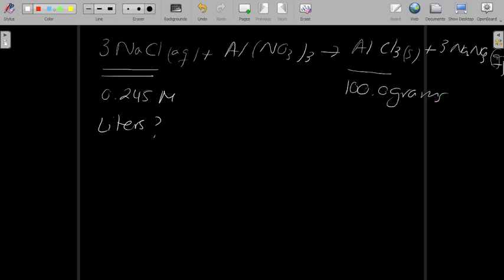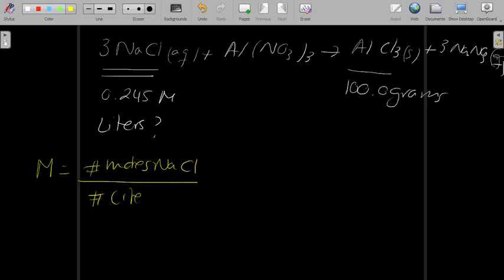But let's see for a minute what we need to be doing, okay? To find the liters, this comes from molarity being the number of moles of what? Of the sodium chloride divided by the number of liters of that solution. The number of liters is going to come from this formula.